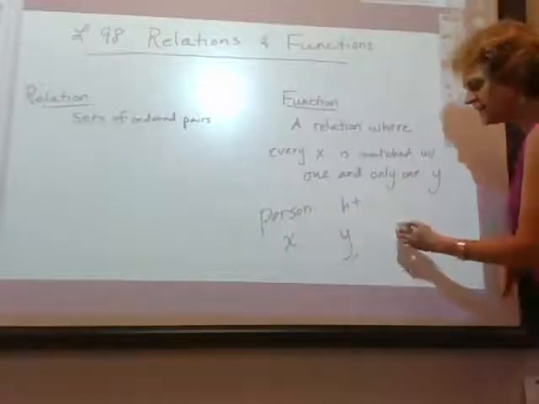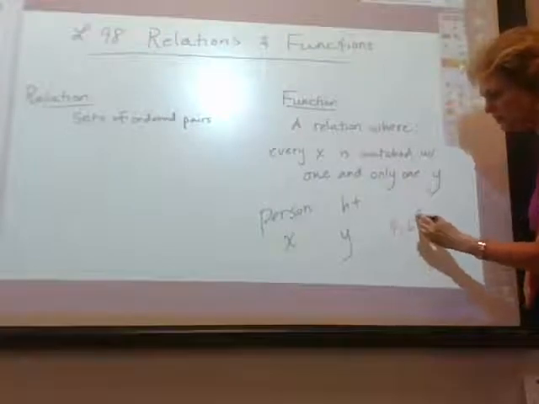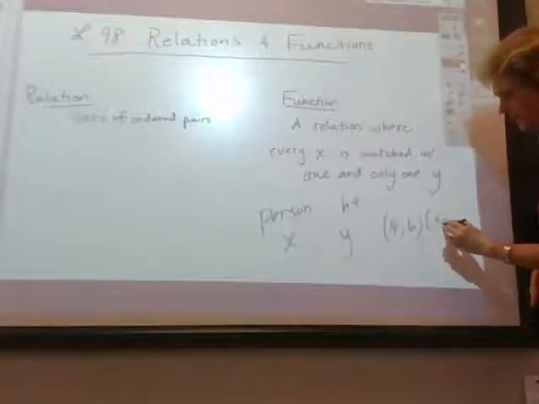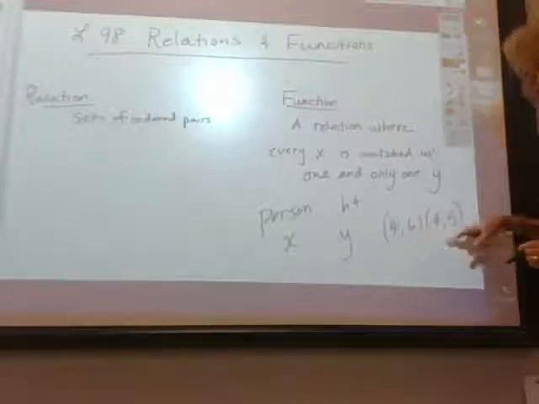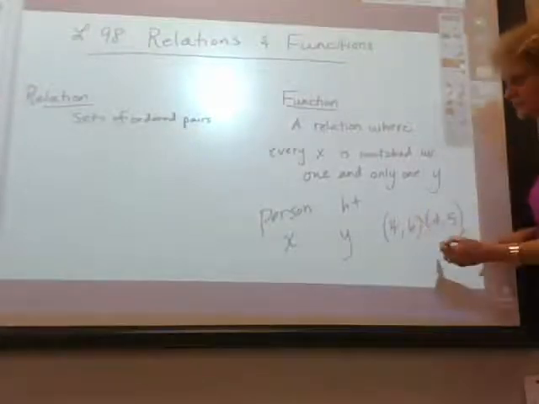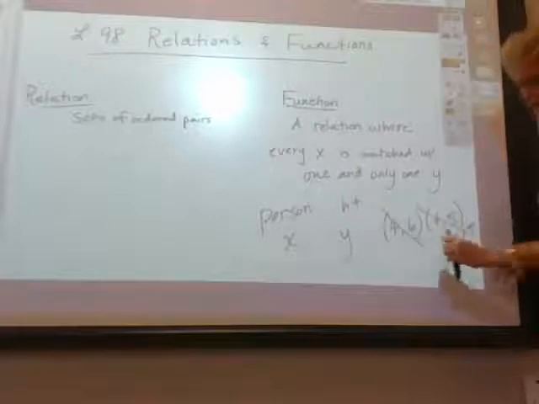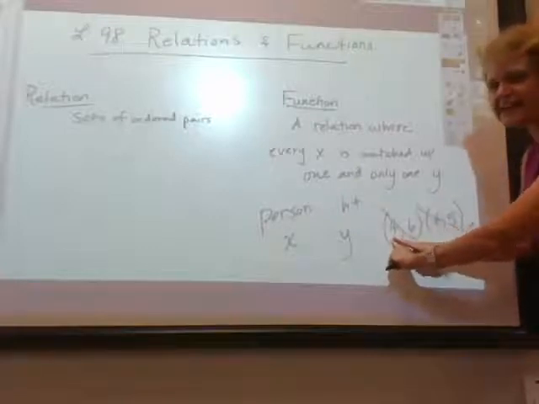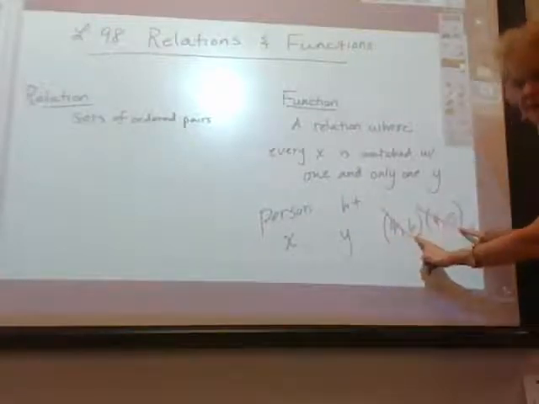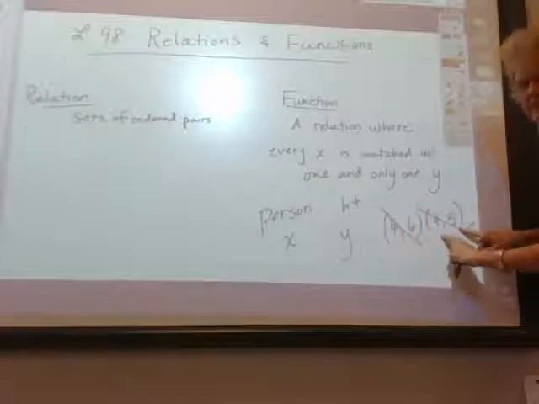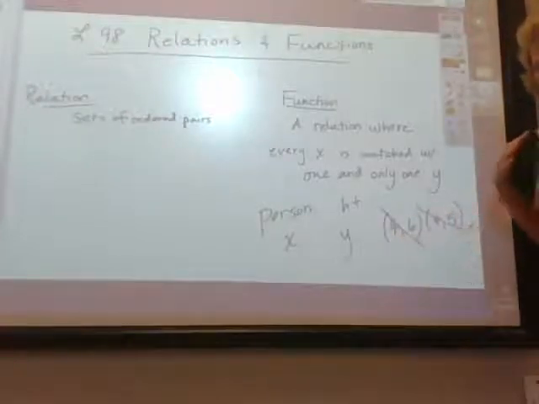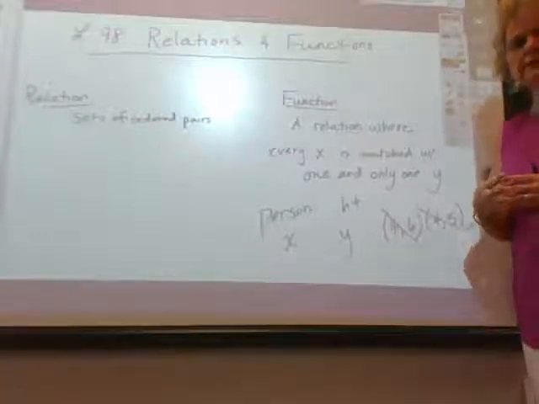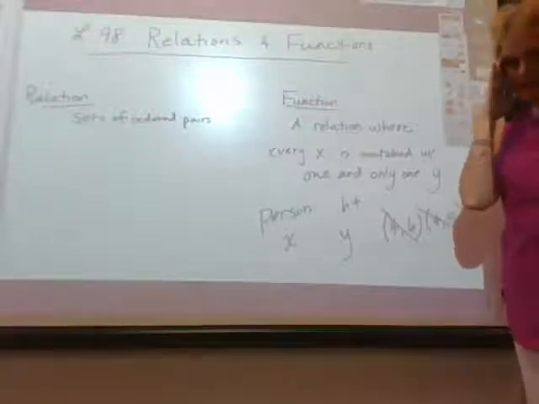So if we had a set of ordered pairs where we put Johnny with 5 feet and 6 feet, this is a relation. It's a set of ordered pairs, but it is not a function. Because if we think of the x as a person and the y as a height, this is the same person matched with different heights. Can't do that. I know it's kind of a stretch to think of it that way, but it really does help your thought pattern.